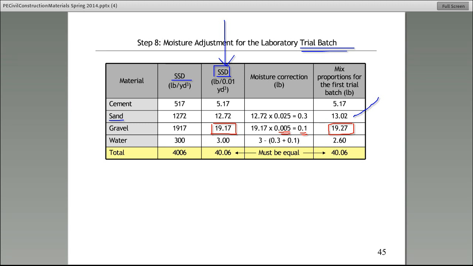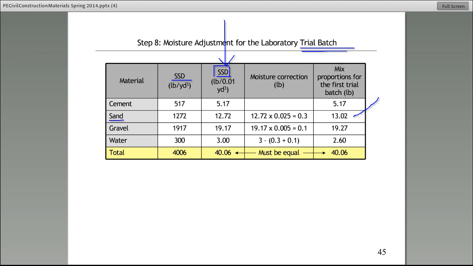All right, so, okay, let's get back to this. At this point, we need to calculate how much water we need to weigh and add to this mix. Now, the big point here, and this is really a big issue, is that since both sand and gravel are, in this case, on the wet side, each one will bring some water into the mix.